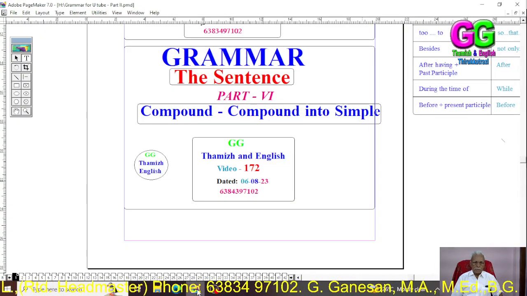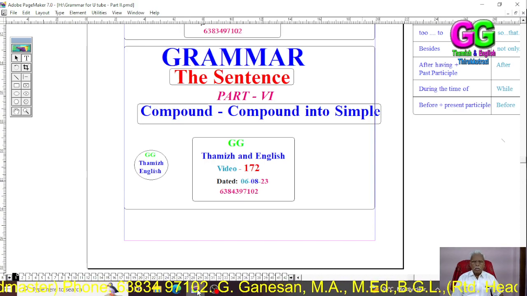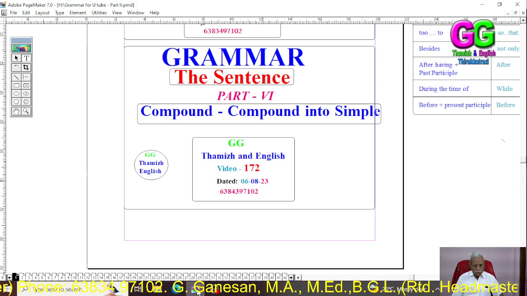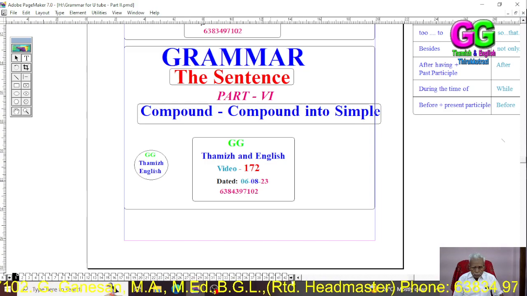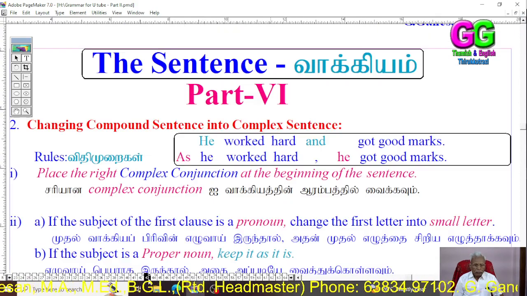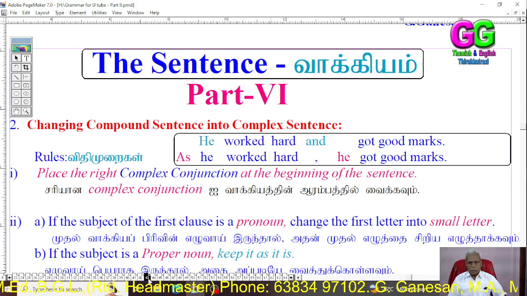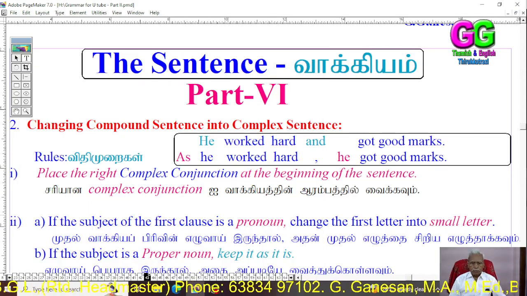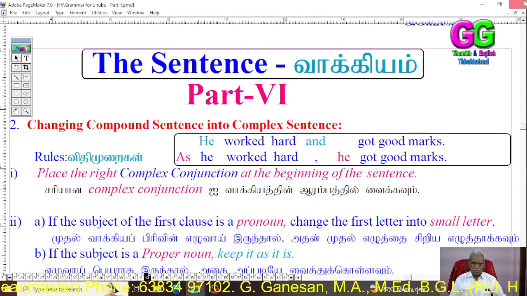The Sentence, Part 6, changing compound sentence into complex sentence.